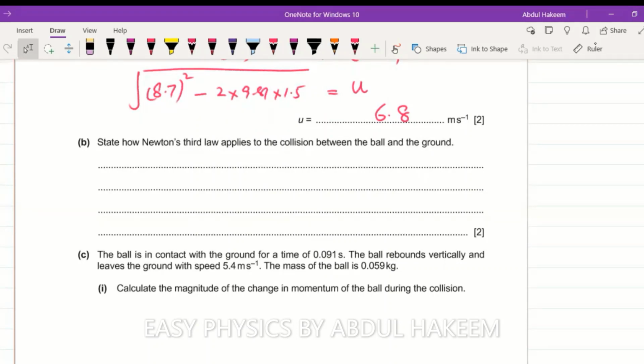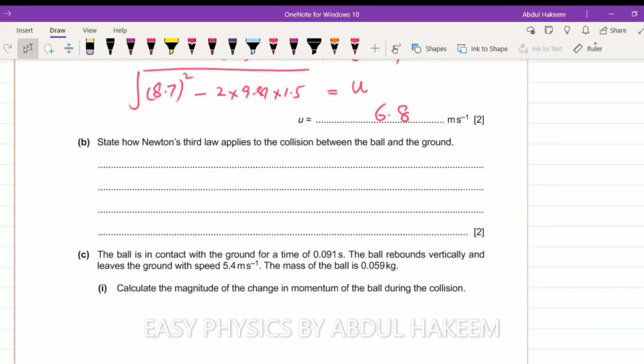Next part is: state how Newton's third law applies to the collision between the ball and the ground. So look, when the ball hits the ground, the force is exerted on the ground by the ball. And due to reaction, the ground exerts force on the ball in the opposite direction.